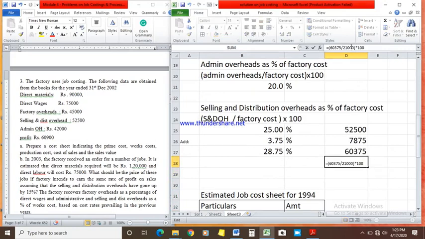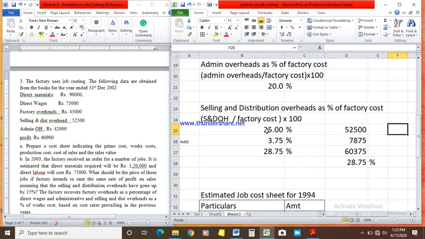Sorry, I missed a zero there. So I get here 28.75%. If you see here, both the answers are the same. So whichever way you feel comfortable, you can consider.